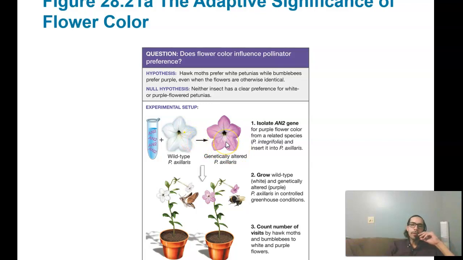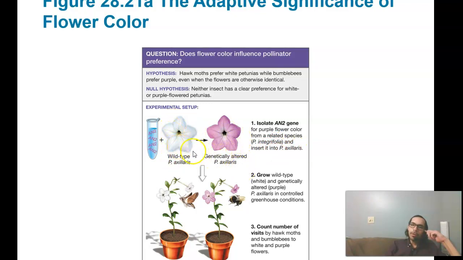So as far as structurally and genetically, the only thing that they changed was the gene that codes for color. They isolated the gene for the purple flower color, and they got this from a related species, another type of petunia plant, and they inserted it into the Petunia axillaris, which is the white one.